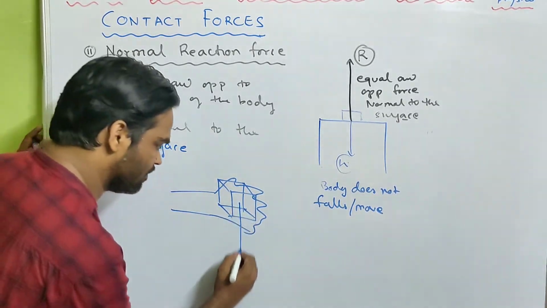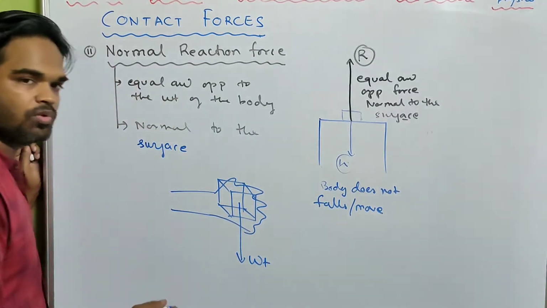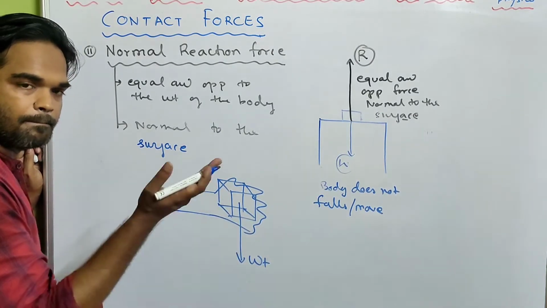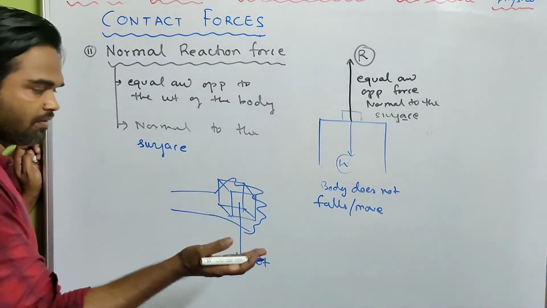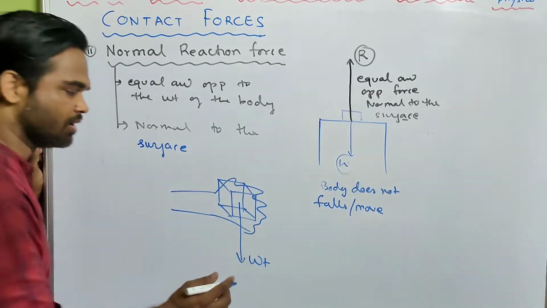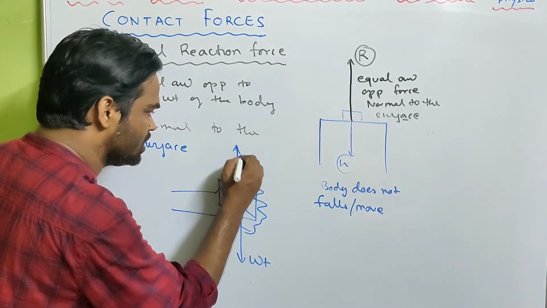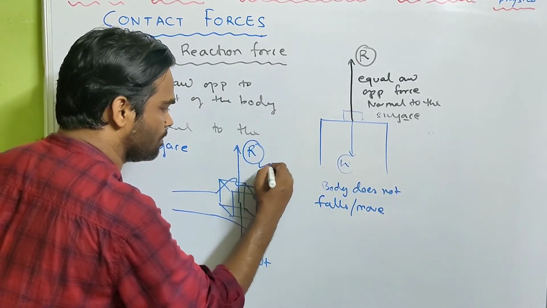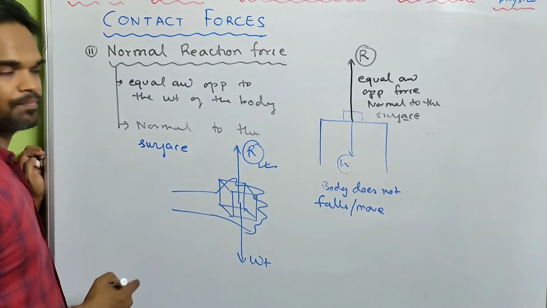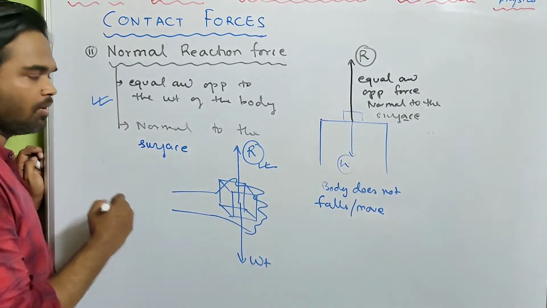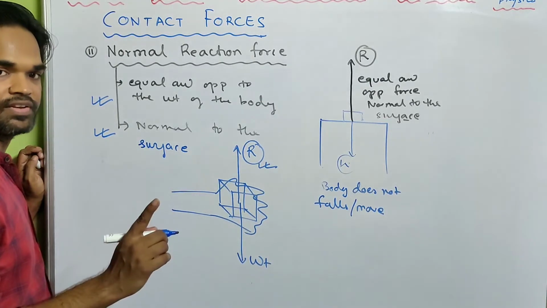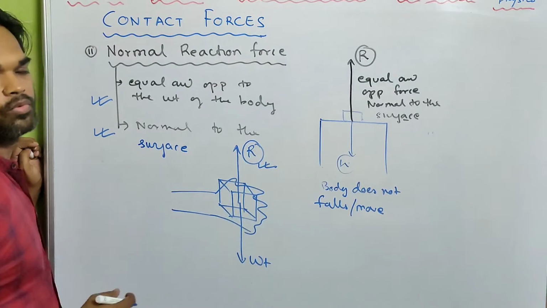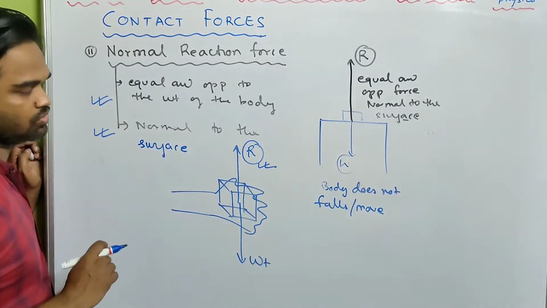Then the weight of the cube acts downward, which will try to lower your palm, but if we try to keep it in the same position, we are applying an equal and opposite force to the weight of the body, which is known as normal reaction force. It is equal and opposite to the weight of the body, and it is normal to the surface. This is the reason why the object does not fall or move, due to this normal reaction force.